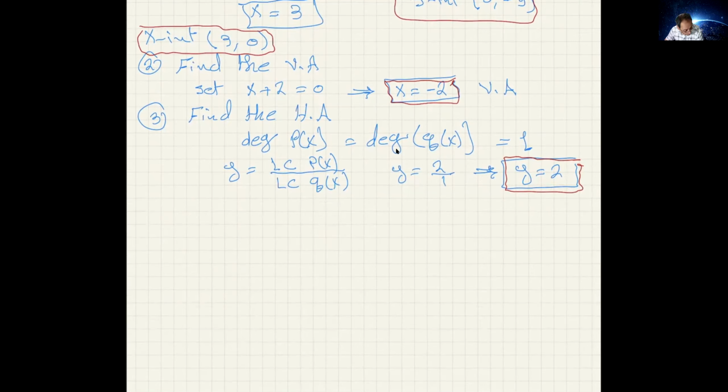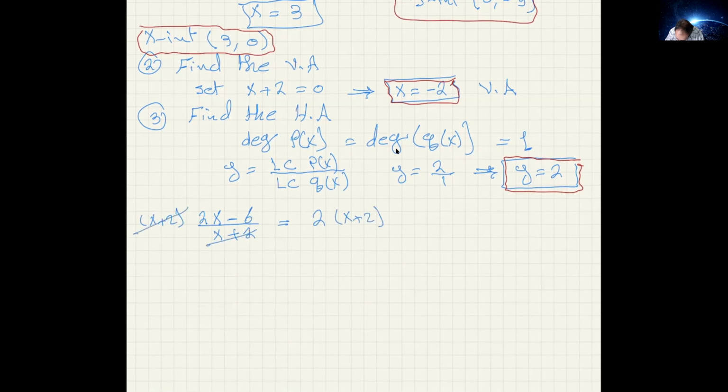So I have 2x minus 6 over x plus 2, and I set this equal to 2 and solve for x. I multiply both sides by x plus 2.